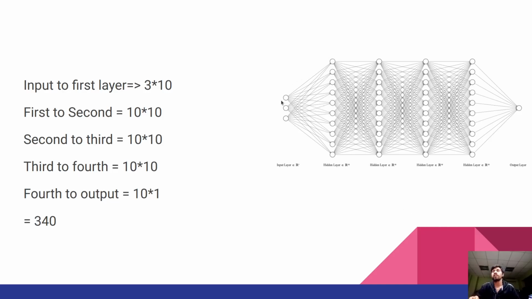From the input layer to the first hidden layer, from each input node there is one edge to every hidden node. So 1 into 10, 1 into 10, 1 into 10: 10 plus 10 plus 10, a total of 30 weights in this part.